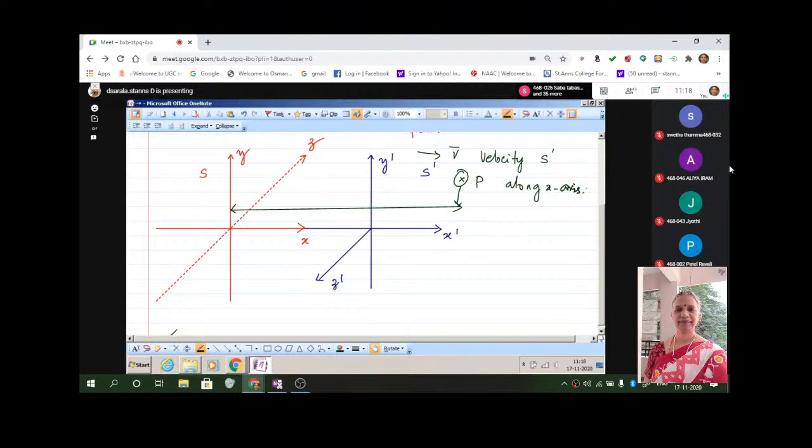Only one frame at a time we will consider. We will try the other things later.